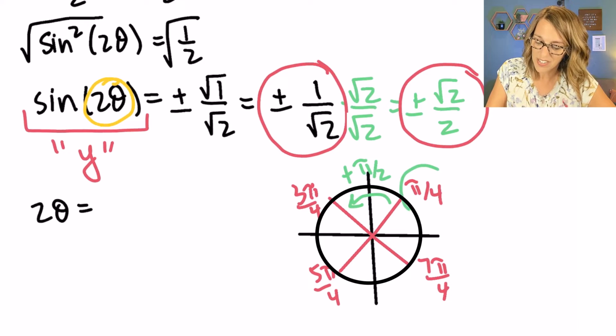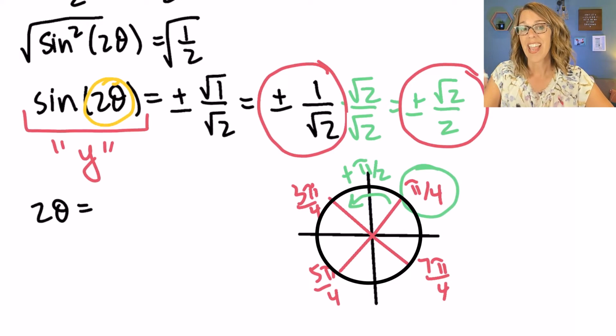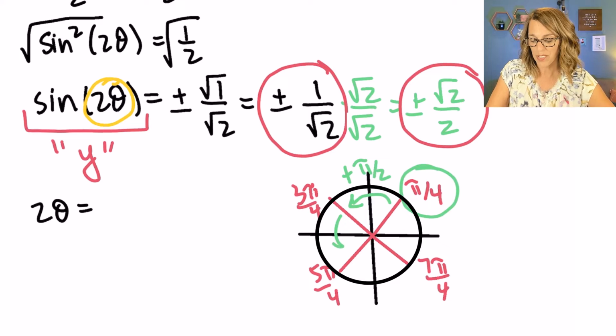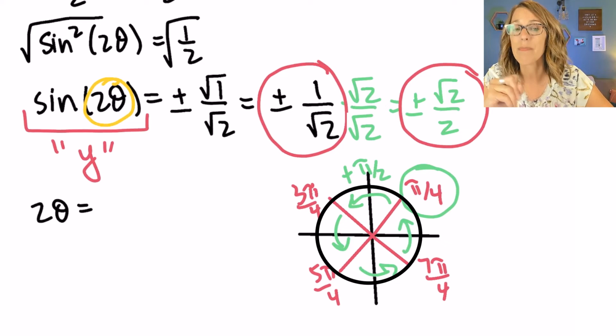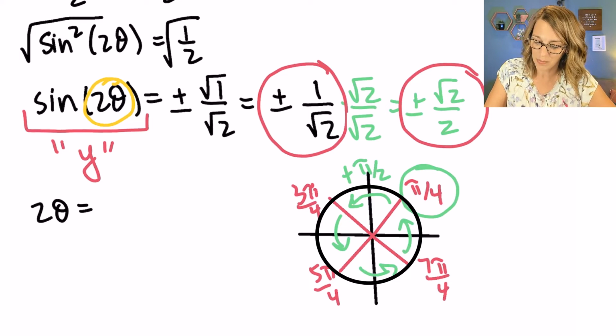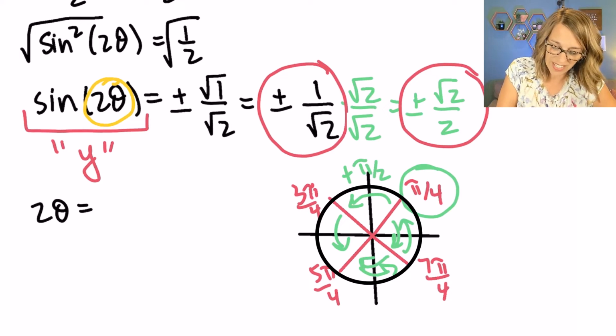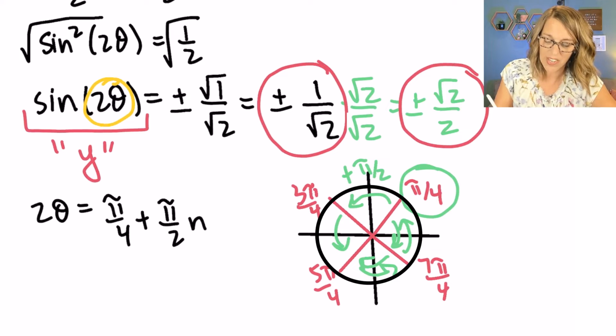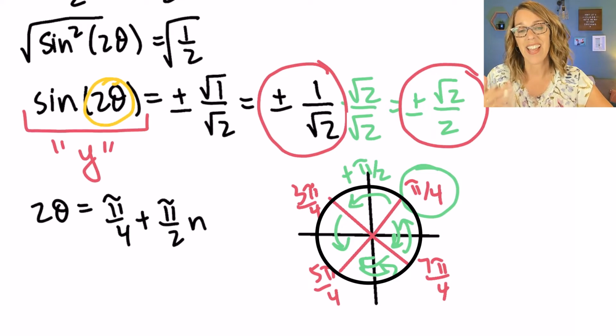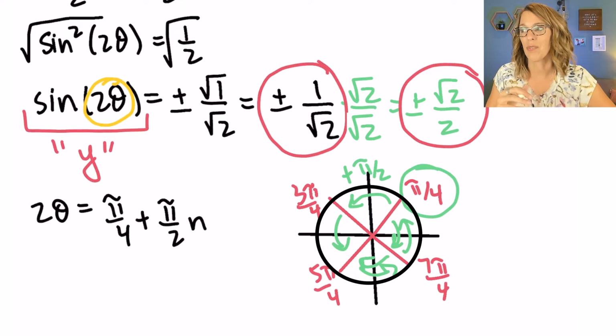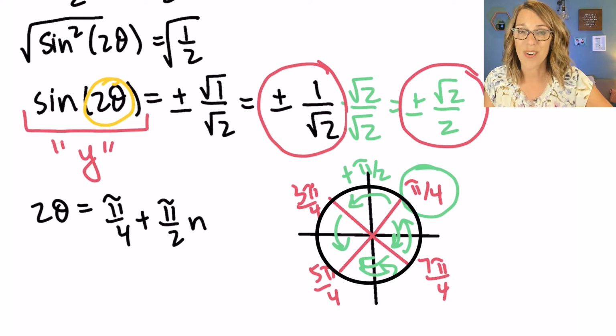So if I start with pi fourths and add multiples of pi halves, I'm going to get to all of my solutions, but I can also subtract those multiples as well. So that 2 theta is going to equal pi fourths plus multiples of pi halves. I'm going to write that as pi halves n, and n is going to be our counting numbers, so 0, plus or minus 1, plus or minus 2, and so on.